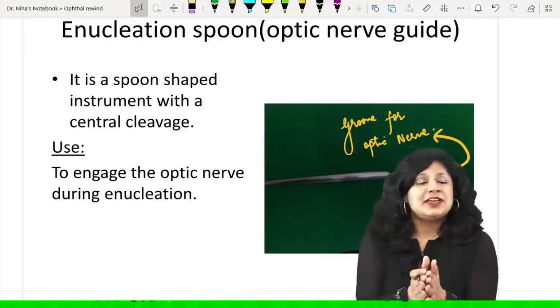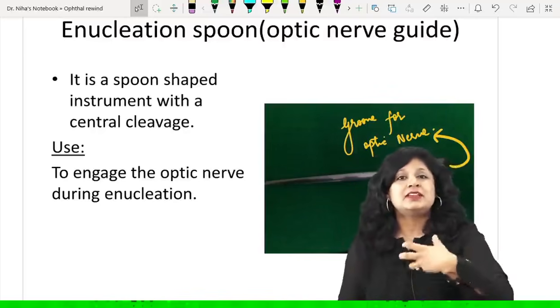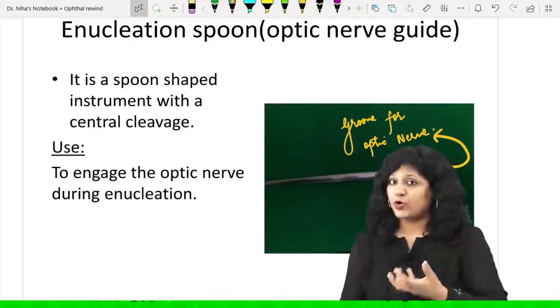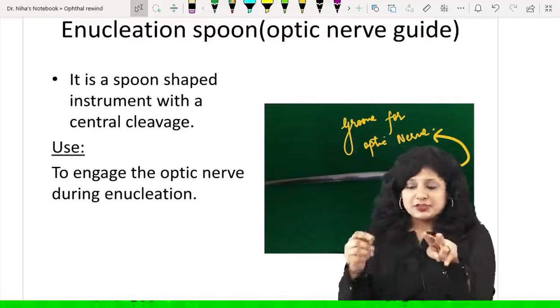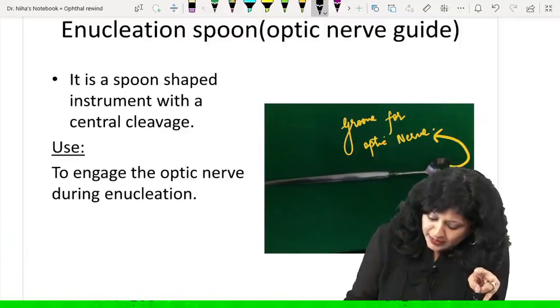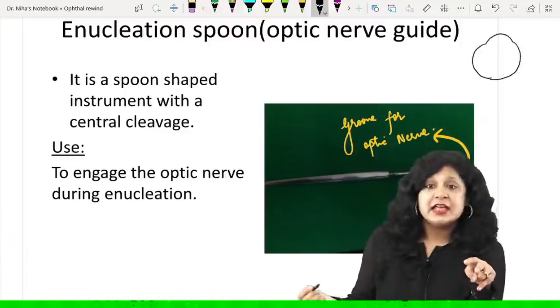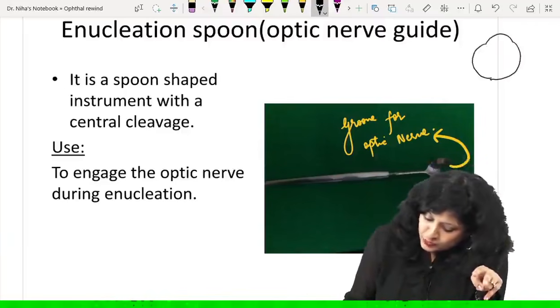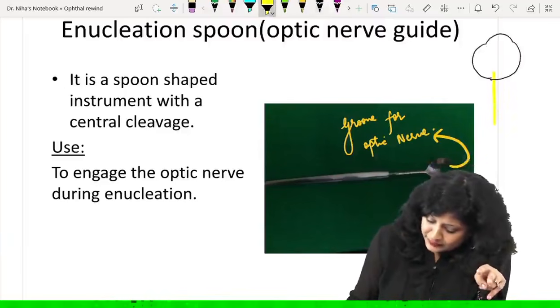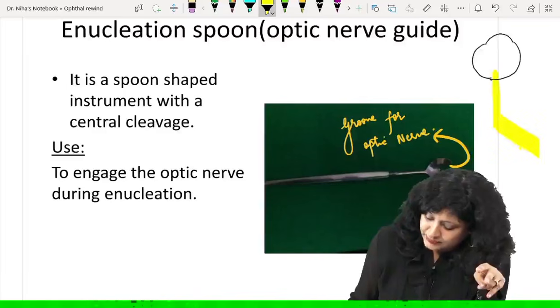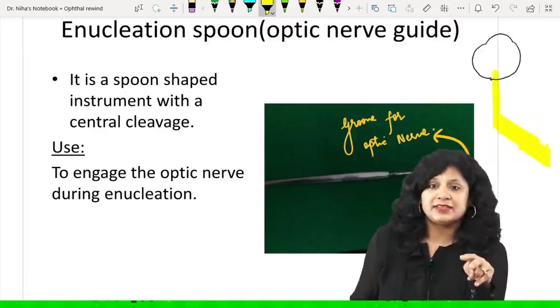Enucleation means that you are removing the whole of the eyeball. It is something like this, and behind the eyeball you have the optic nerve which is coming out, and then it forms the chiasma with the other side.